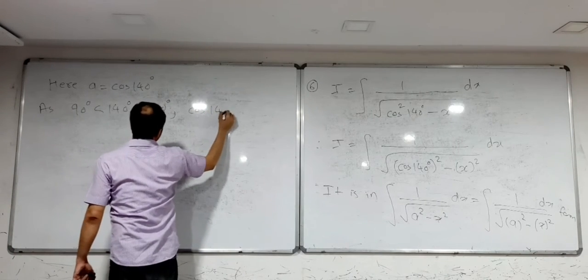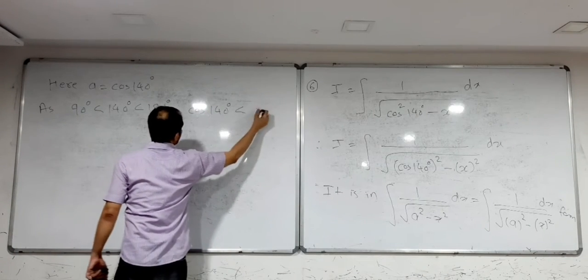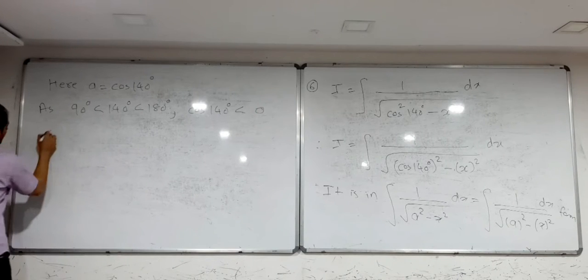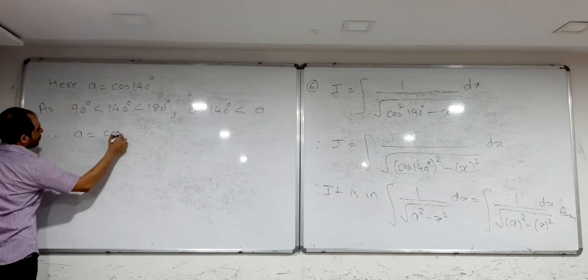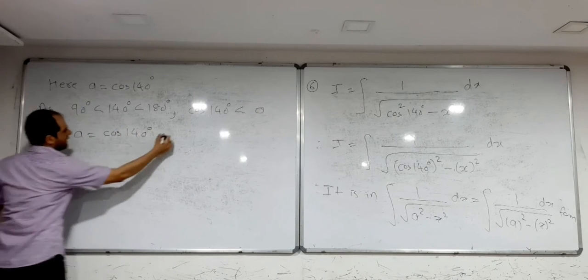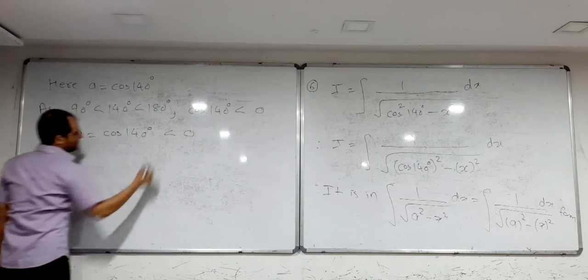Cos of 140 degree is less than 0. In the second quadrant cos is negative, therefore a is equal to cos of 140 degree, which is less than 0.